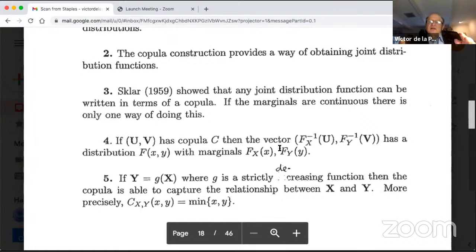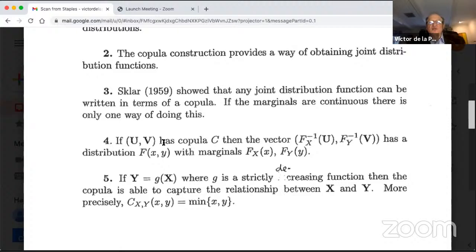Then for that copula, you can find the joint distribution associated to that copula and those marginals. And that is the vector Fx inverse of u, Fy inverse of v.